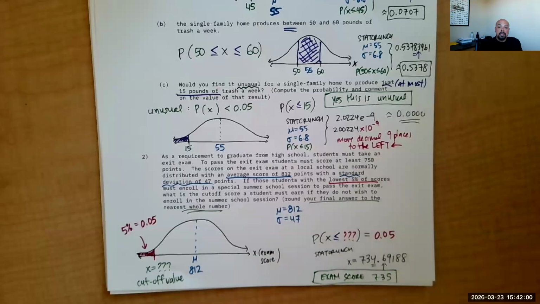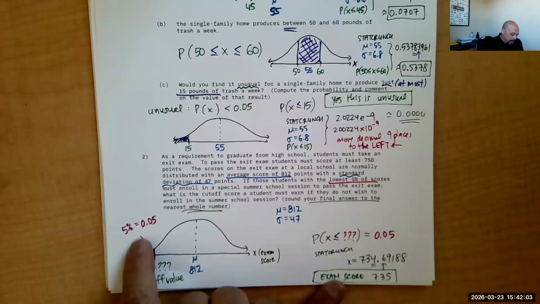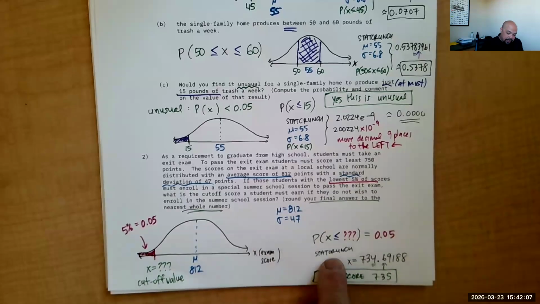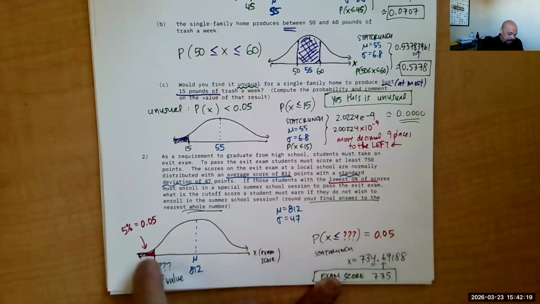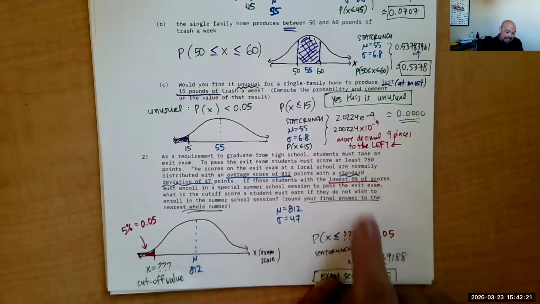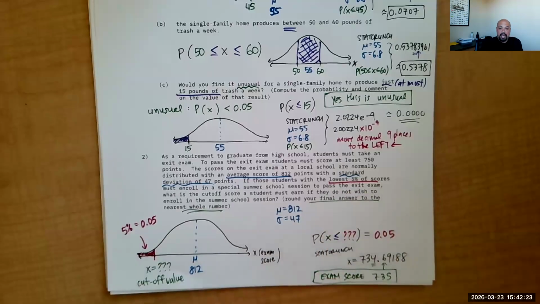But in this work, if we know the area and we're looking for this cutoff value in StatCrunch, we're going to leave that quantity blank and keep track of which side we want, whether we want the left side. If it's on the right side, we switch that over to the greater than, and you input your area, that given percent, as a decimal number, and that'll produce our cutoff value.